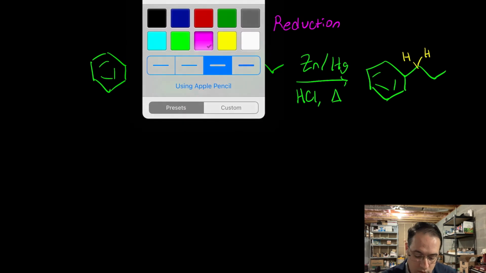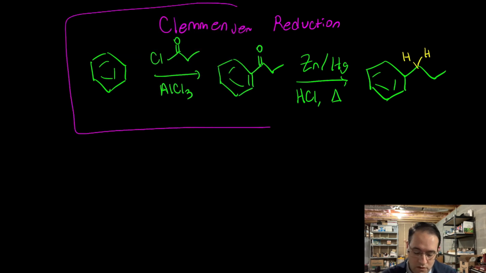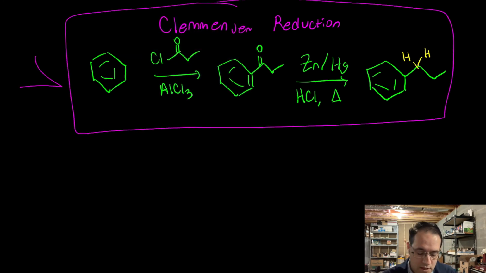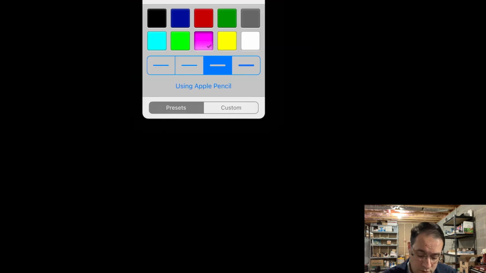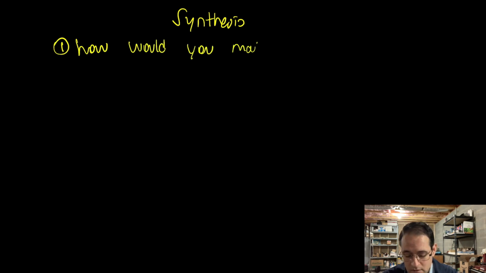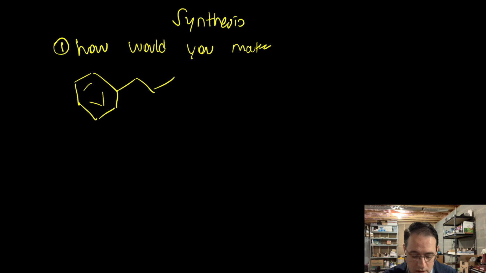This is a very key reaction. You want to have that on your note card, and here's the reason why. Let's talk about synthesis. How would you make this molecule right here with a straight chain butyl group?